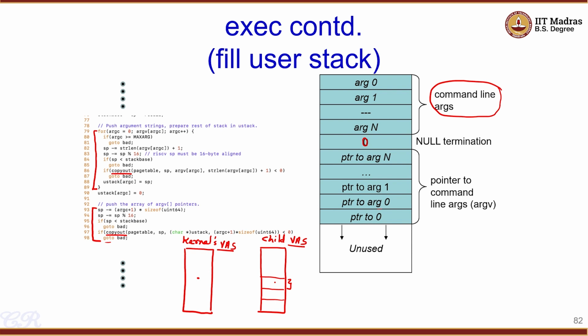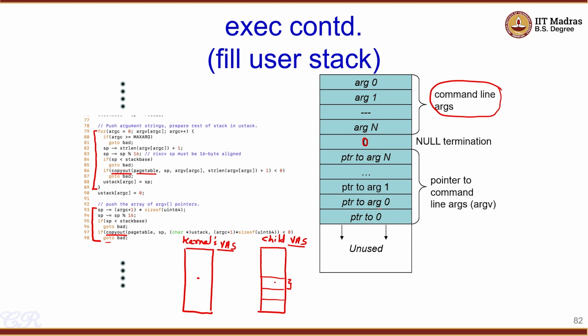You would need to essentially go through the page tables of the child, identify the corresponding physical address, and then copy into that physical address. So this is what is essentially done in this function copyout.